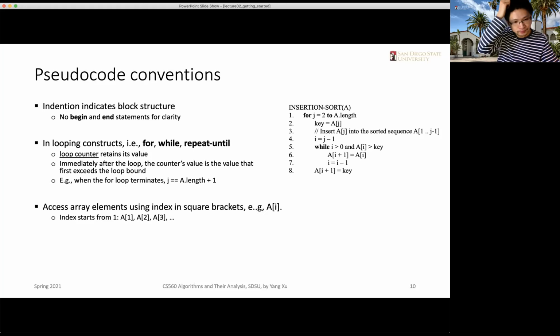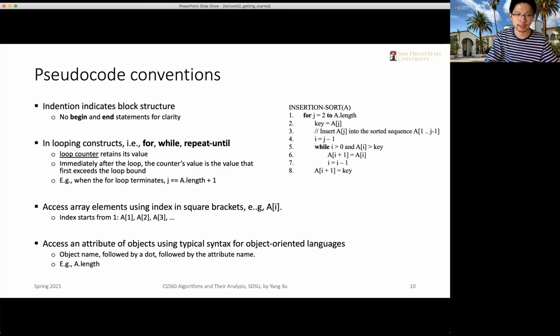Okay, and also we use 1-indexed arrays, as we mentioned before. And in this convention we use attributes of objects. In this case, it's A.length, and length is an attribute of object A.